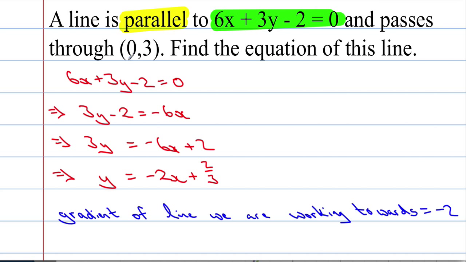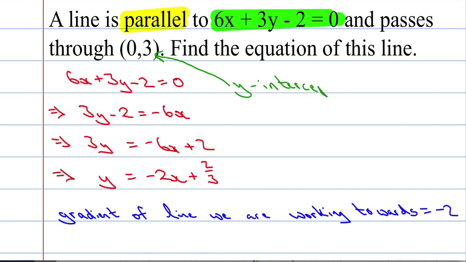And if you look carefully here, I can see the x coordinate is 0 in this new line. So that means the y coordinate is 3, the y-intercept is given. So this value here is where it crosses the y-axis, or the y-intercept.